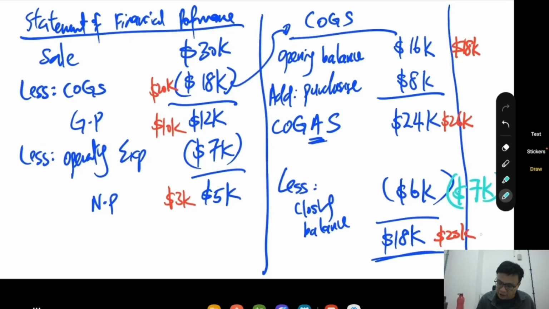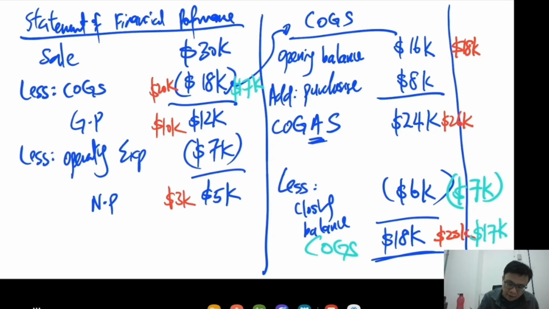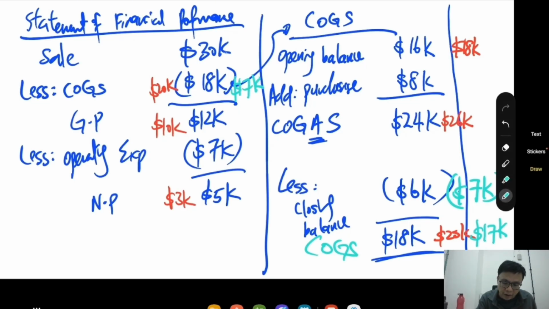That will give you 17K here. Yep. And because of that, you can see that your closing balance attributes to a reduction of the cost of goods sold from 18K to 17K. And therefore here it became 17K. So your 30K, you less off your 17K, that will give you 13K.